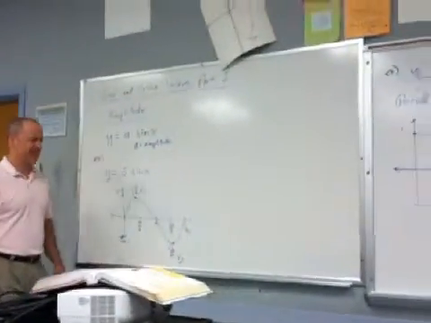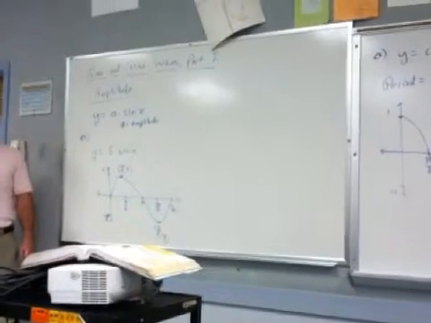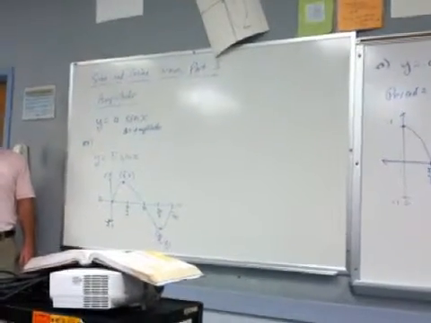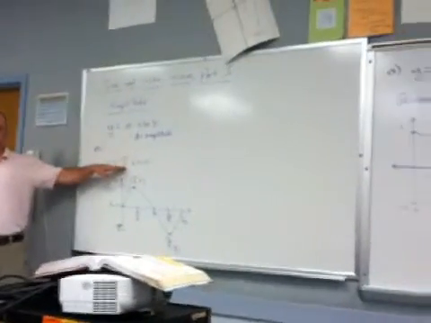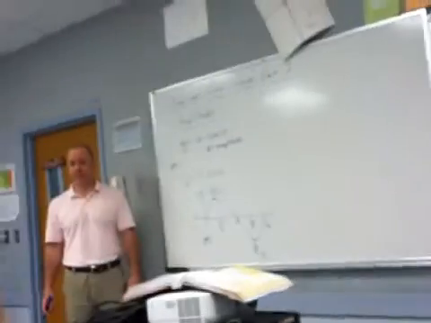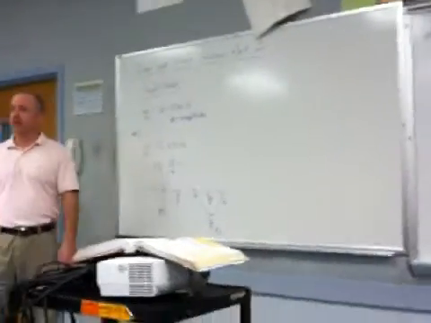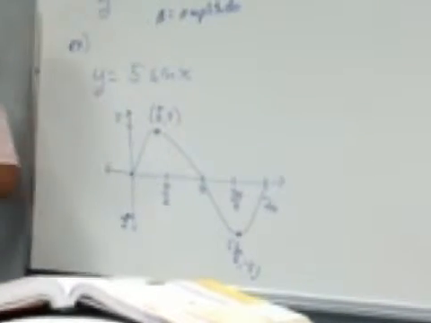Your drawing would have to be pretty bad for me to take off points if you labeled it right. So that's all you do with amplitude: change your height and your depth, or relabel your axes. Again, once we add h and k, these get much more exciting. Any questions on amplitude?